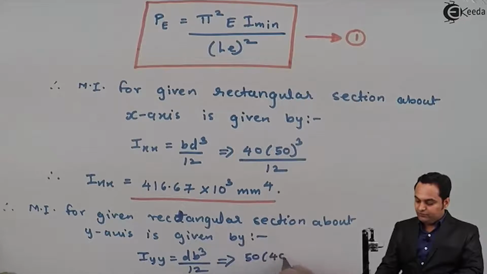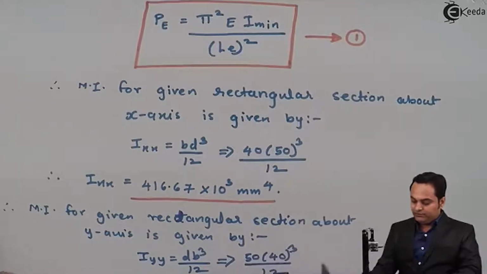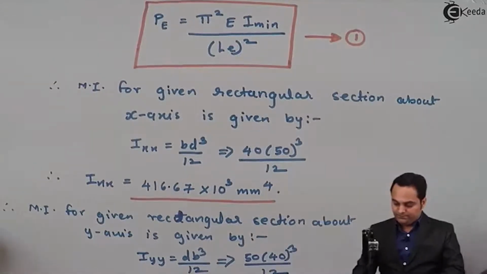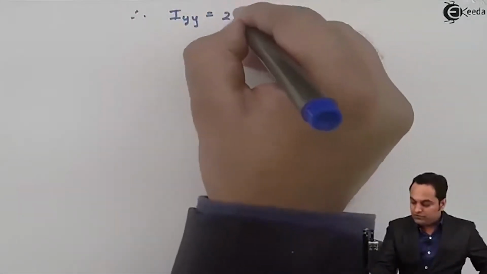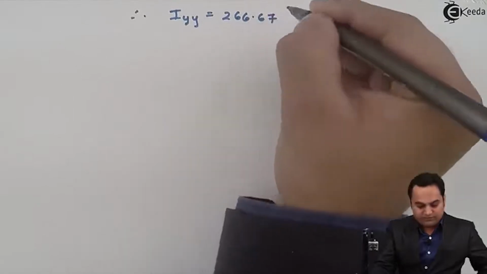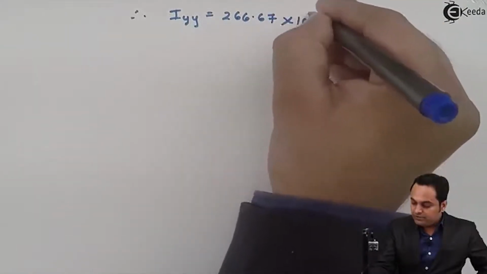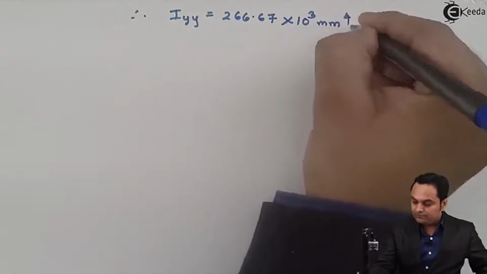So it is 50 into 40 cube divided by 12. So Iyy comes out to be 266.67 into 10 raised to 3 mm raised to 4.